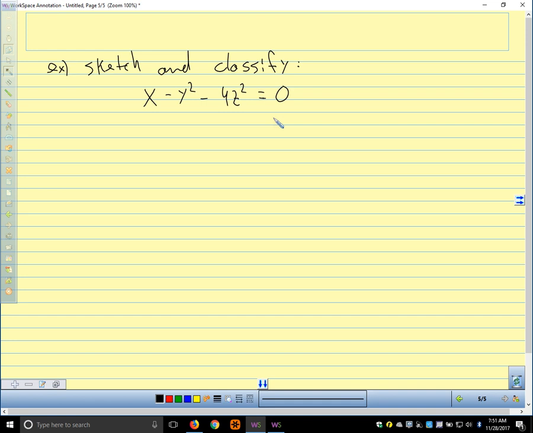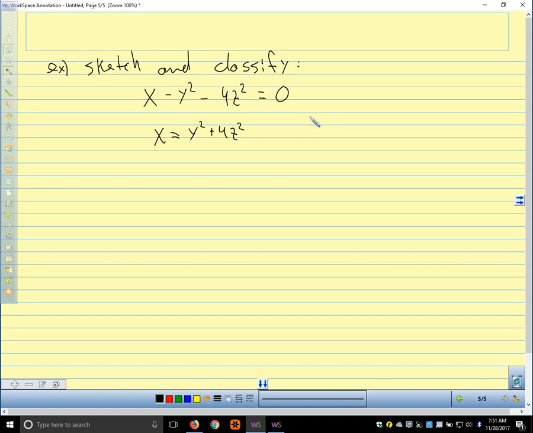This is a second degree equation that involves all three of the variables in some way. Since the y's and z's are squared and x is not, I would write x equals y squared plus 4z squared. Either one of these is fine for the equation of the surface.